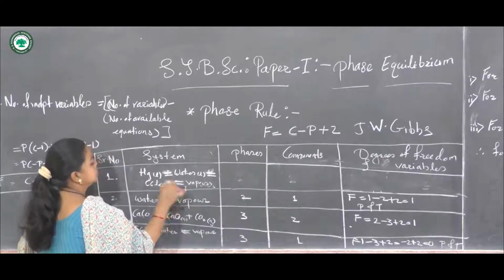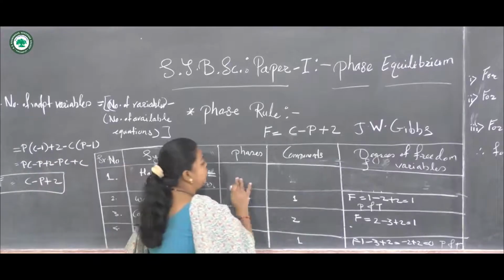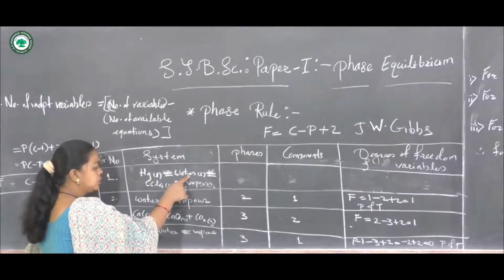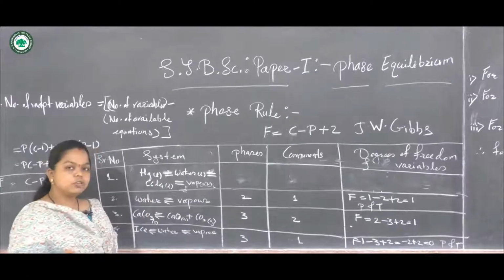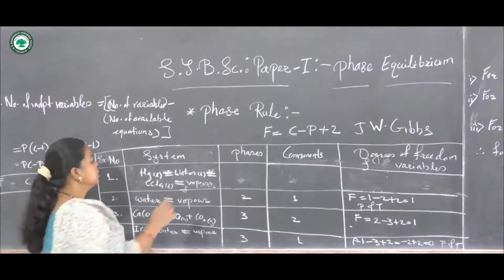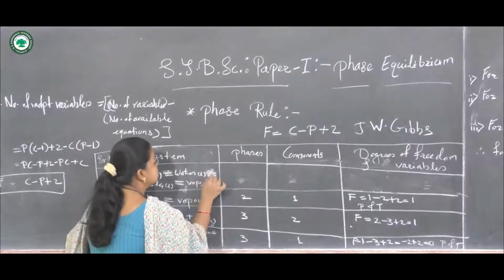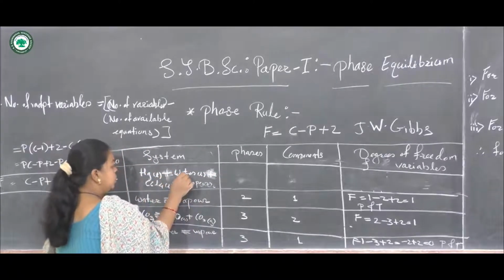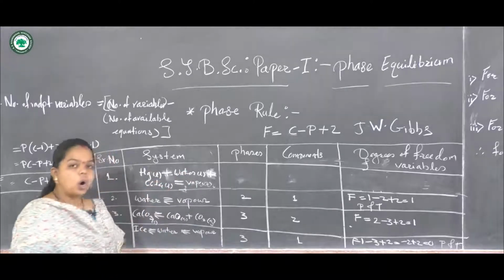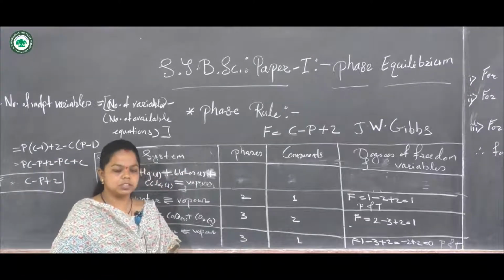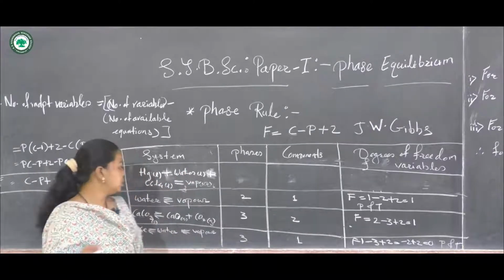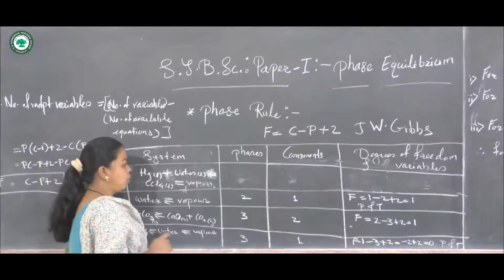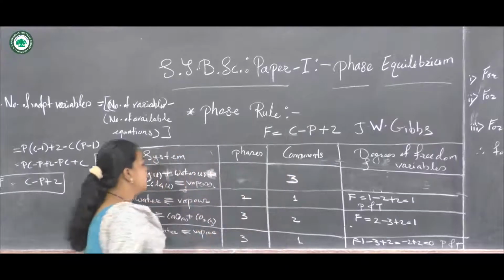Here 3 components are present: mercury in the liquid state, water in the liquid state and CCl4 in the liquid state. So these are water, liquid mercury and CCl4. All these liquids are immiscible with each other, so they will form the corresponding 3 components. These are the chemically distinguishable 3 components present in the system.